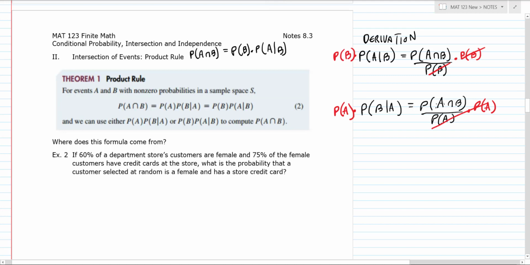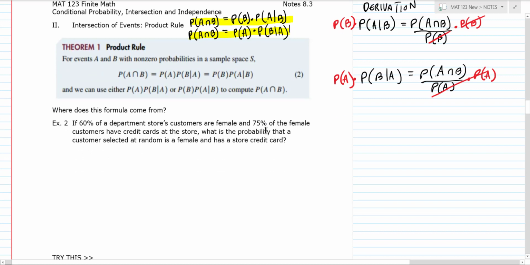So you end up getting the probability of A intersect B is equal to the probability of A times the probability of B given A. So either one of those will work and give you the intersection. That's where that formula comes from. So if you're finding the probability of an intersection of 2 events, and you have a given probability built in there, then you can use this formula.